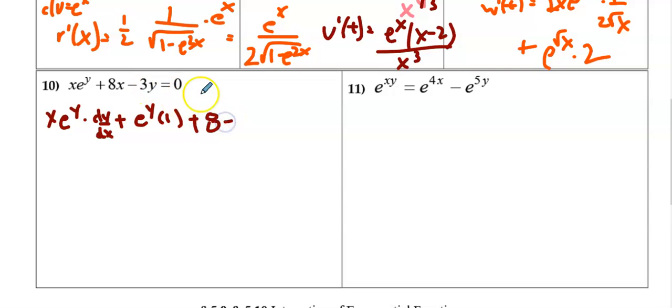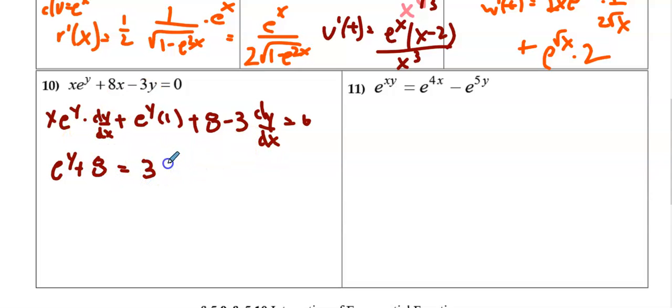The derivative of negative 3y is negative 3 dy dx, is equal to 0. And you guys are very good with this. You know what we need to do here. So I'm going to have e to the y plus 8 on one side. I'm going to move everything else from the left to the right side, like so.